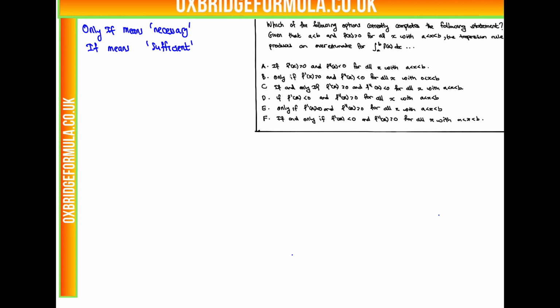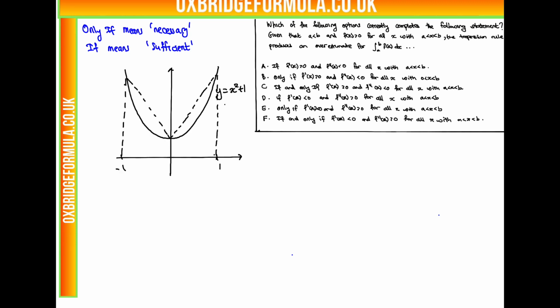So one thing we could consider is the graph of y equals x squared plus 1. This graph is positive, so it does satisfy the condition. And if we apply the trapezium rule, we are going to get an overestimate, because no matter where we do it, our little trapezium is always going to lie above the curve. But the gradient of our function is changing from being negative to being positive.